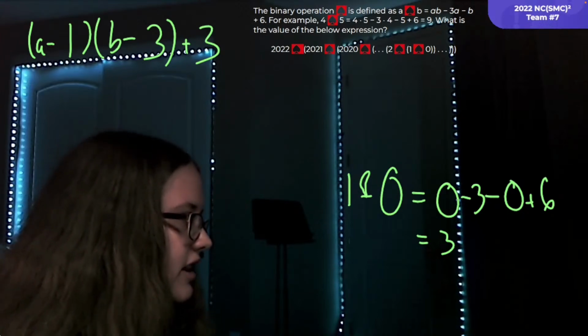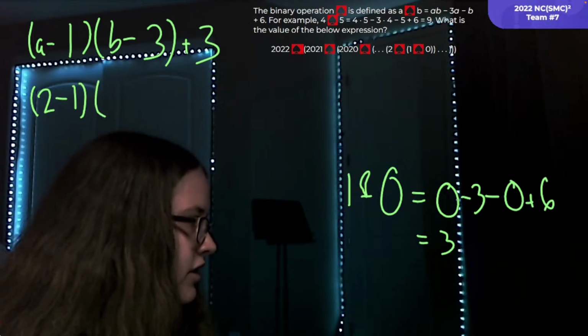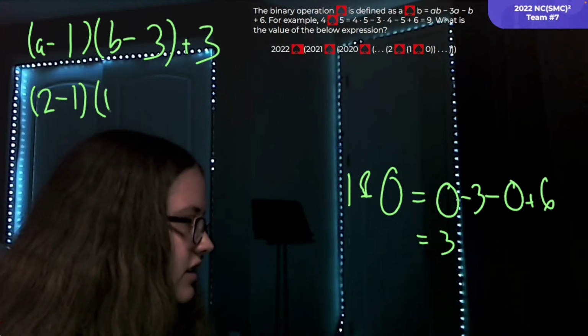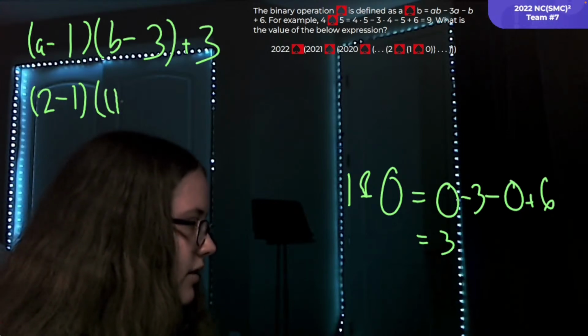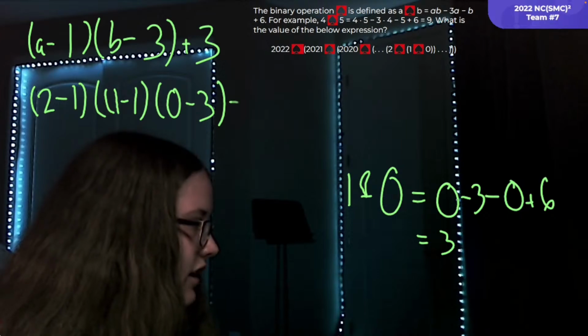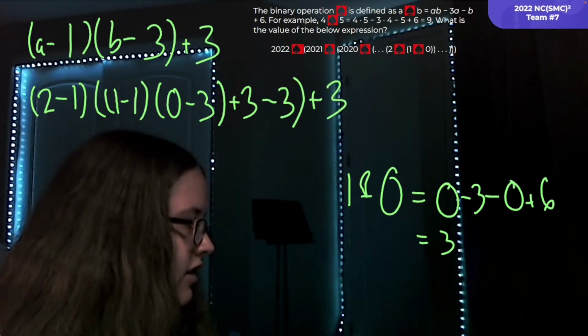So, for example, we have 2 minus 1 times 1 spade 0, which is 1 minus 1, 0 minus 3, plus 3, that all minus 3 plus 3.